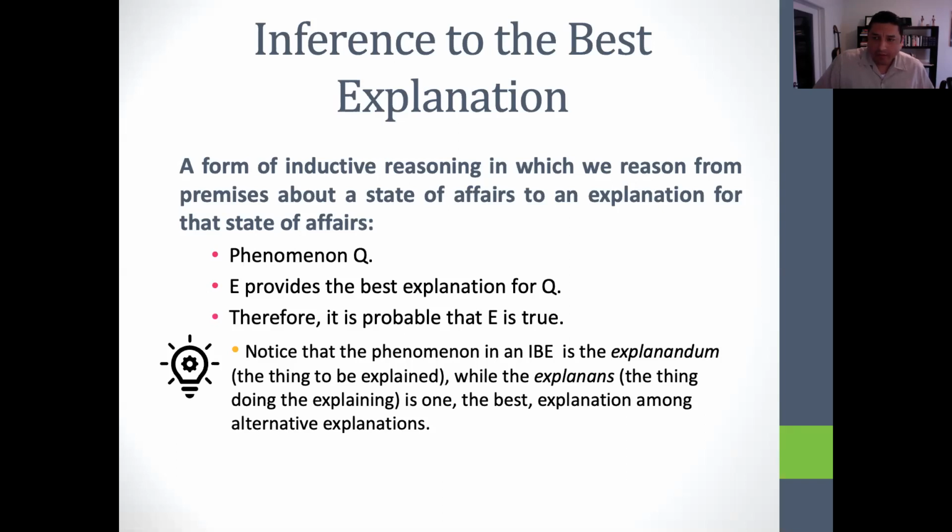Now, what you want to take notice of here, in order to connect this with the concept, is to synthesize what's said about the argument form with what we've said about explanations and their components. You'll notice that in that inference to the best explanation, the explanandum is the phenomenon. The phenomenon is the accepted fact, and the explanans is the thing doing the explaining.